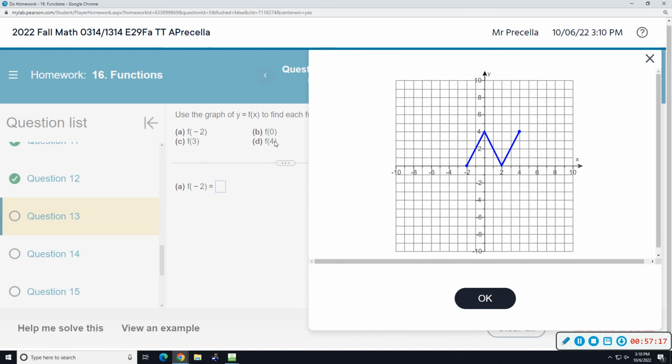Now what about f of 3? So locate 3 on the x-axis. It'll be +2. Is it up to +2? And the very last one, f of 4 is? 4. Yeah, the y value is 4 there.